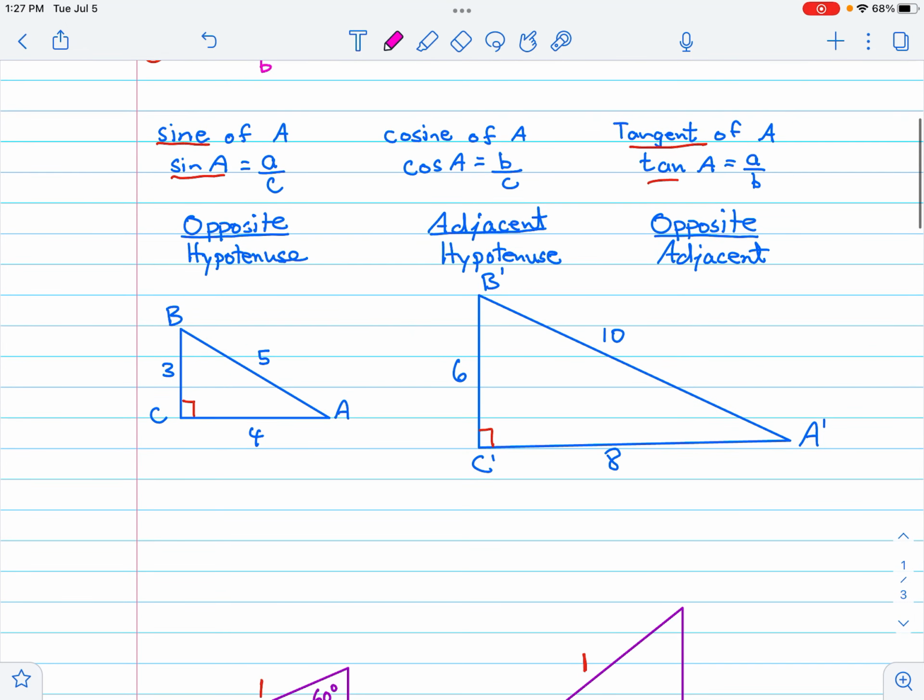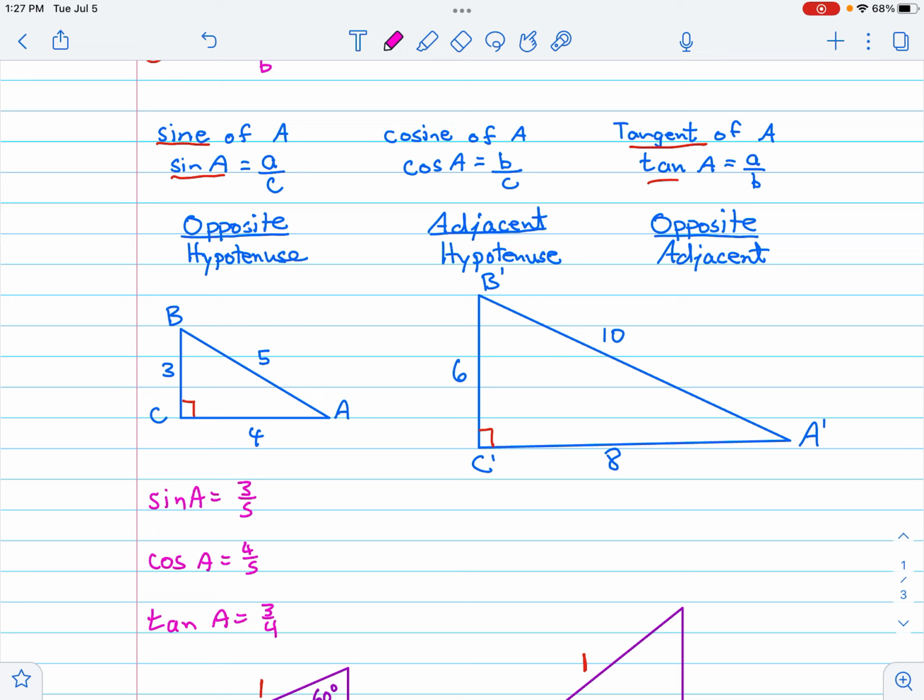Okay, now let's put some numbers with it. Let's look at these triangles down here, and I have the sine of A is equal to 3 over 5. The cosine of A is equal to 4 over 5. And the tangent of A is equal to 3 over 4. So notice I've got this 3, 4, 5 right triangle.